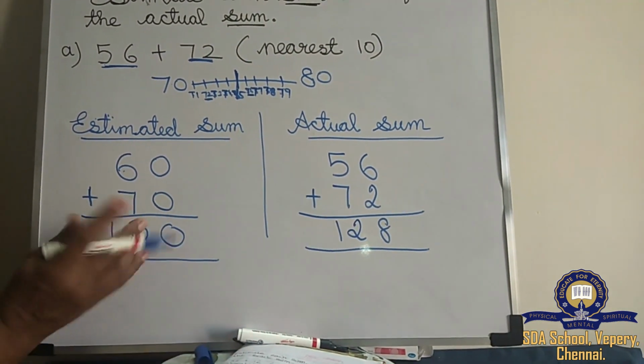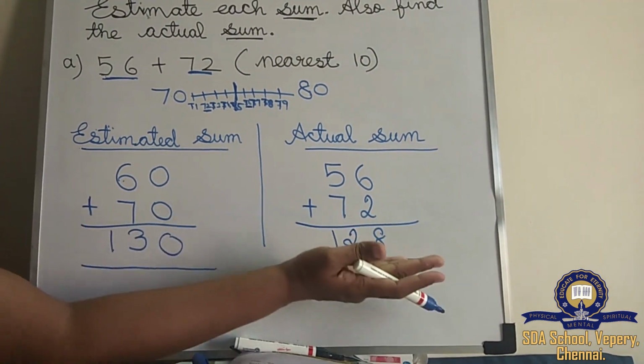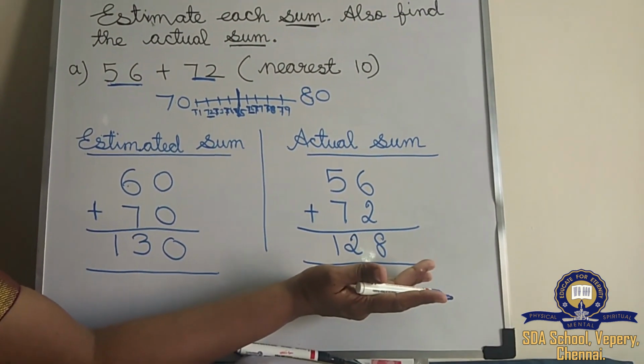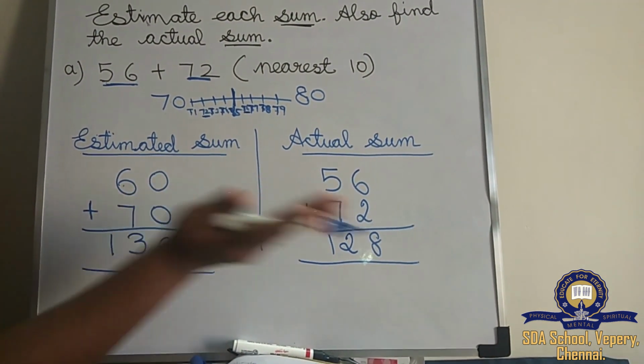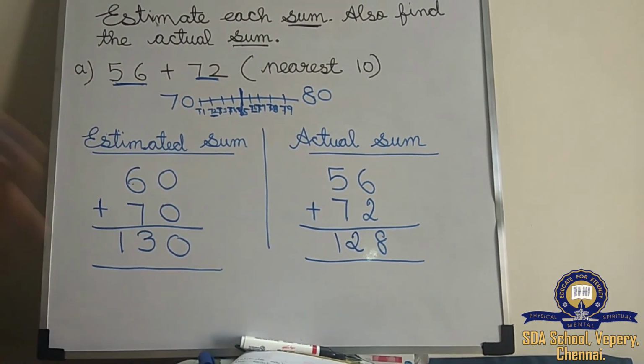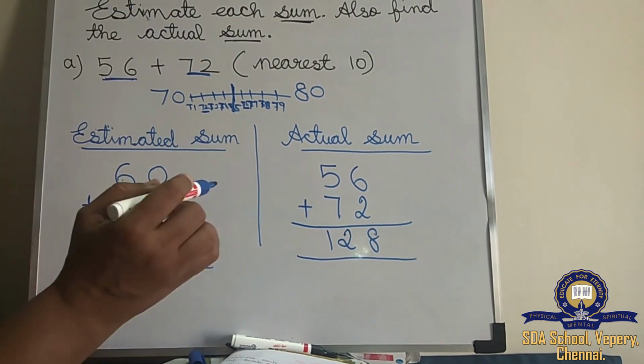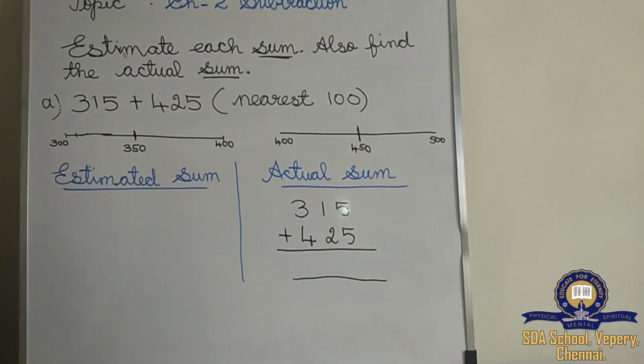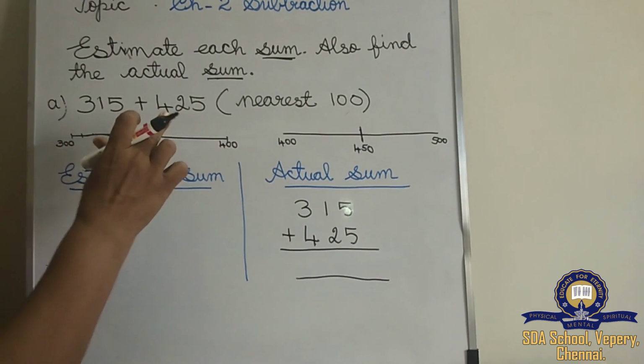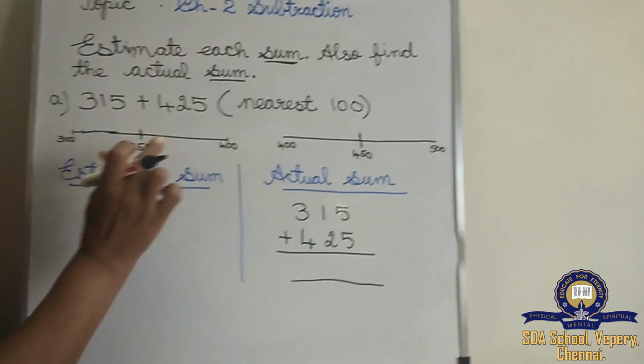So 128. Can you see? This is the estimated sum and this is the actual sum. Are you thorough, children? For each sum, if you put it like this it will be very easy. Understood, children? Okay children. Now next we will see nearest 100.